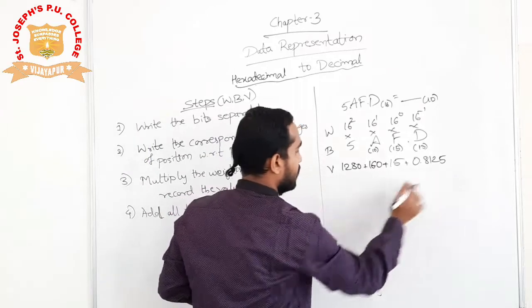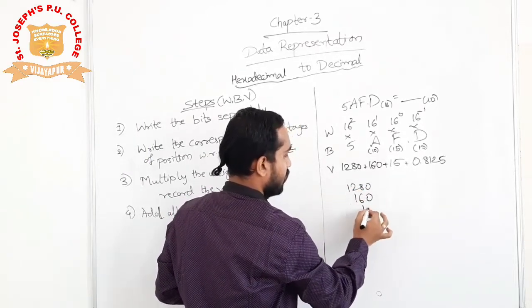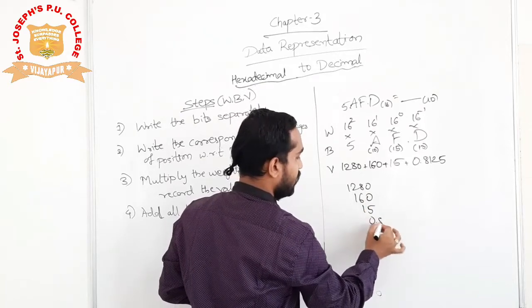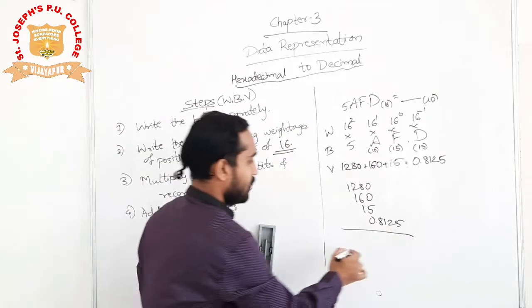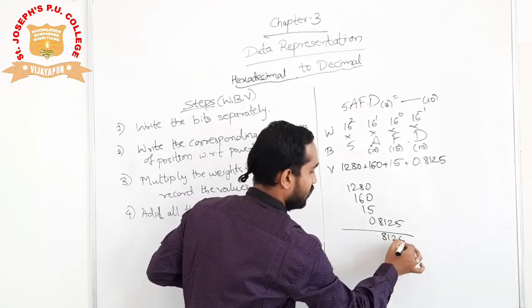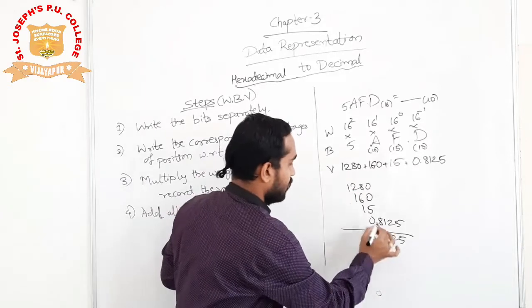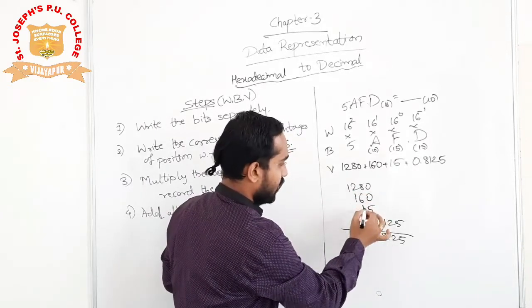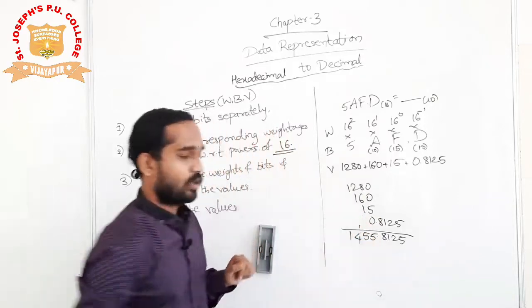So you have to add these all: 1280, 160, 15, 0.8125. When you add, see, 0.8125 will remain as it is. Then 5, then 8, 6, 14, 14, 1, 15, 2, 1, 3, 4, 1.